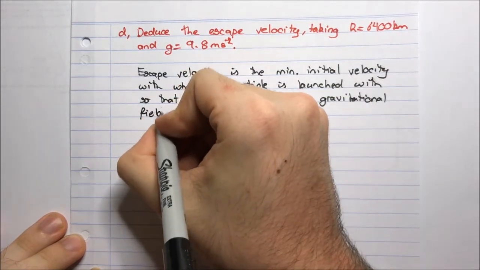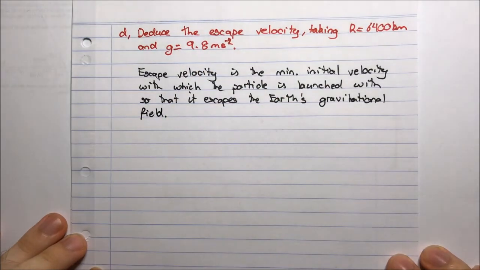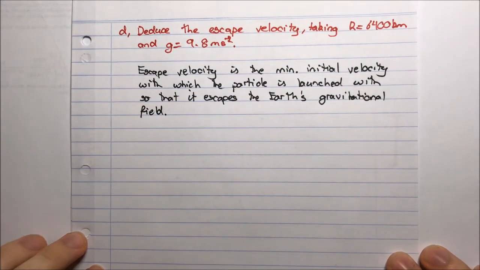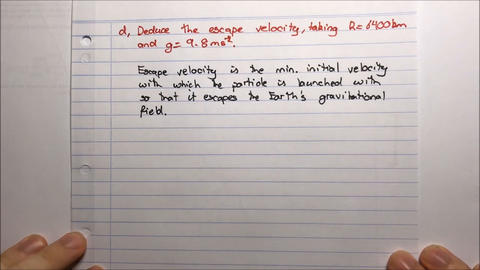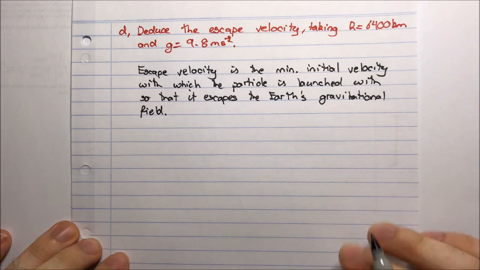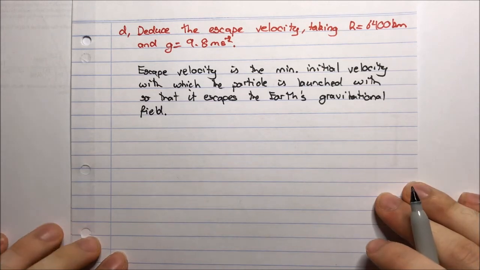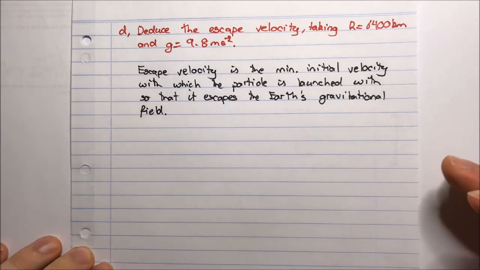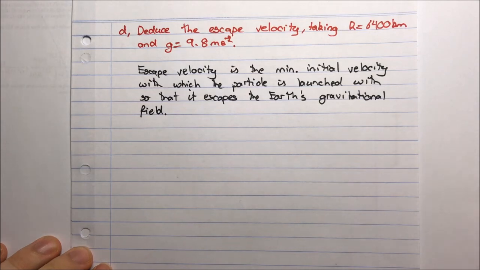So when does something escape the Earth's gravitational field? Well, in fact, it can kind of never really escape it. But when we're at an infinite distance away from the Earth, we're said to have escaped the Earth's gravitational field. Although at large distances, the effect of Earth's gravitational pull on us is going to be really insignificant, technically it's still there.